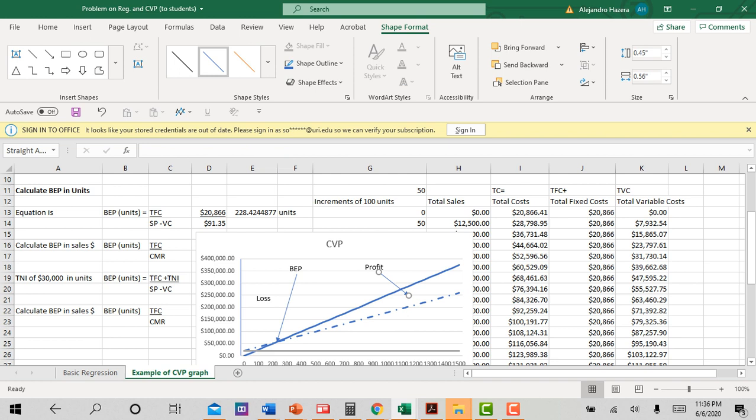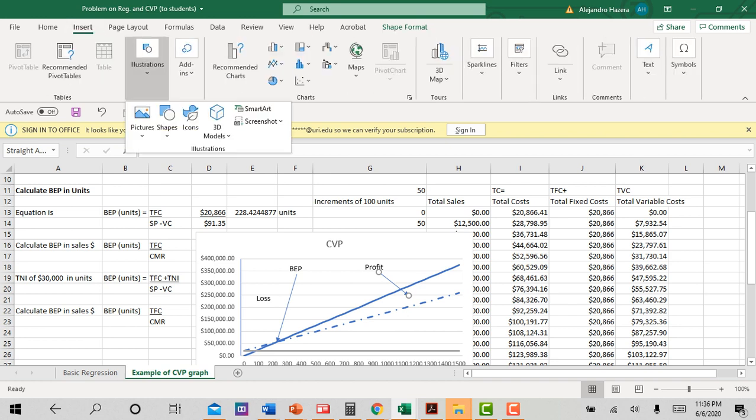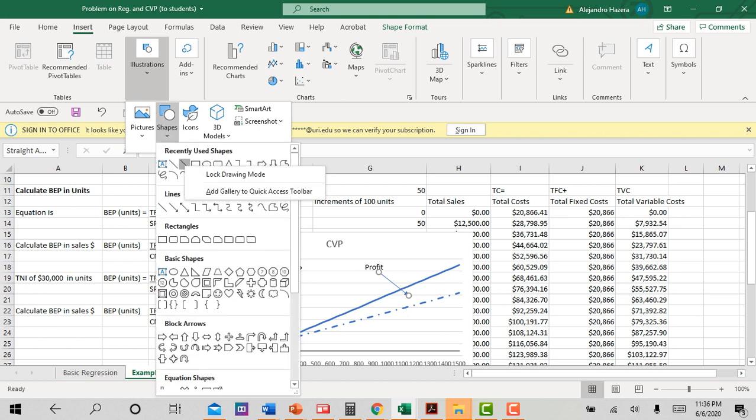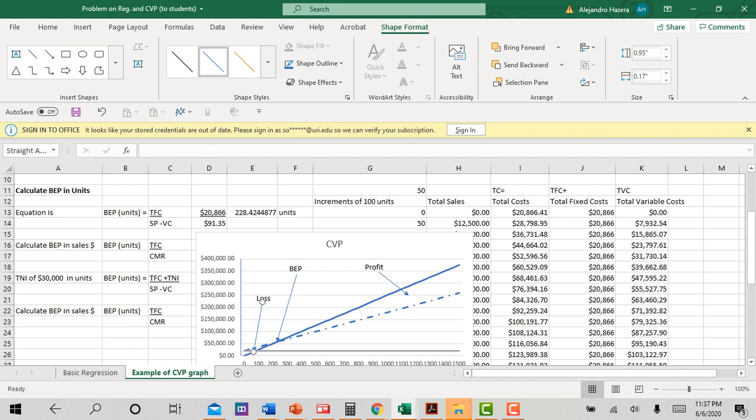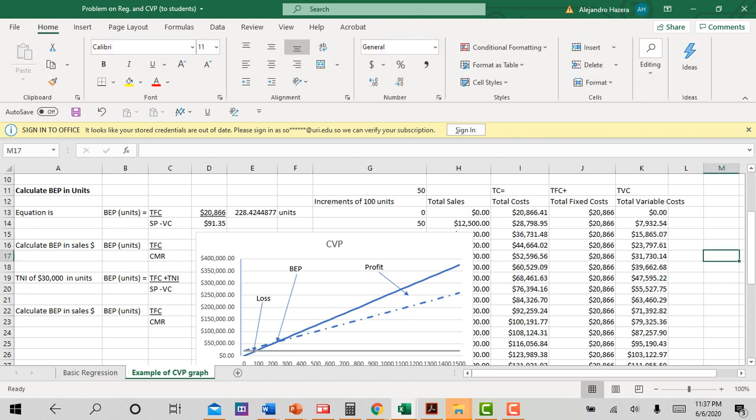I'll insert another arrow. The loss region is very small here. You can barely see it, but it's right in there. So any point to the right of the break-even point, your sales are greater than your total costs, and so you're making a profit. And then to the left of the break-even point, you're making a loss.